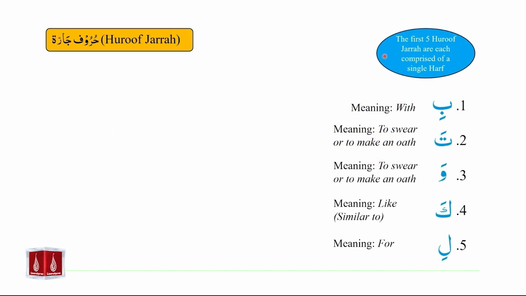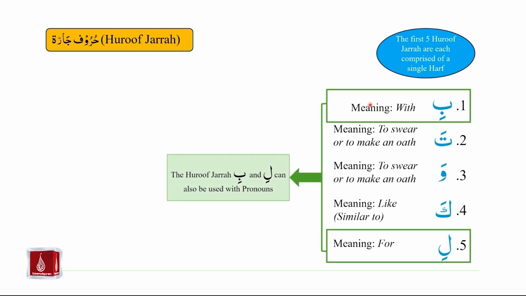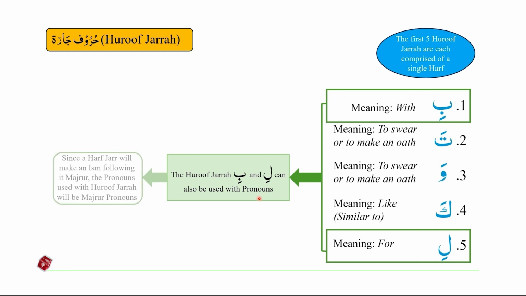Please note that in the first 5 huroof jar that are each comprised of a single harf, 2 of the huroof jar can be used with pronouns. These are ba harf jar and lam harf jar. Ba harf jar and lam harf jar can be used with pronouns.